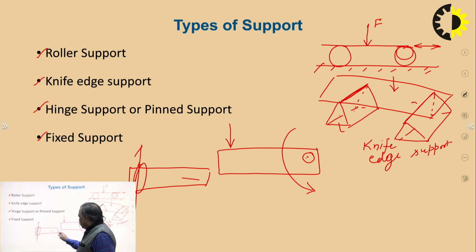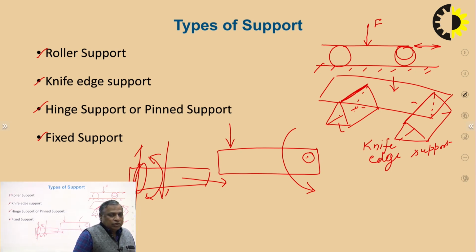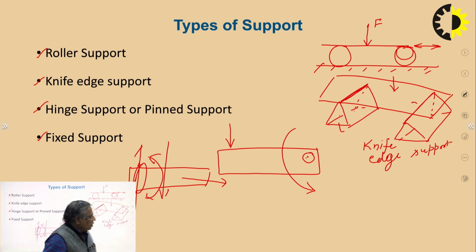It cannot move in this direction, it cannot move in the downward direction, it cannot rotate in this direction or this direction. This is called the fixed support. So normally, as we are discussing the coplanar force system, we come across these four types of supports. Now we move to the next topic.